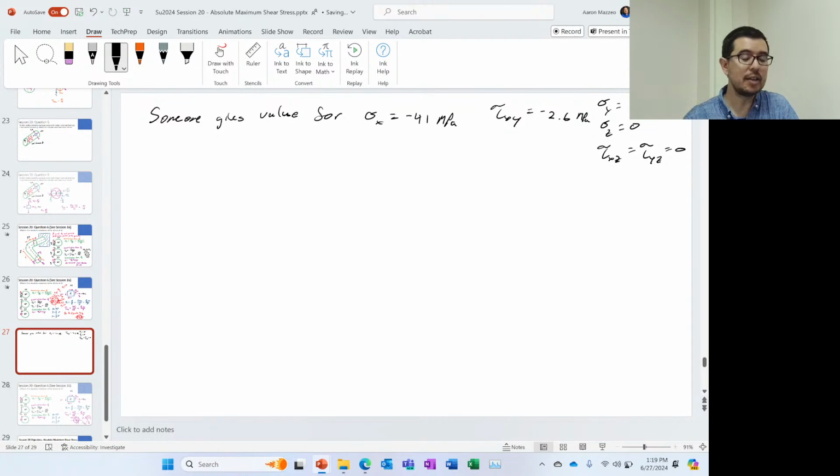That's okay. Now remember that the rest of these, sigma y, sigma z, tau xz, are all equal to 0. So if I draw the Mohr circle, what's my approach here? What do you think my approach should be?